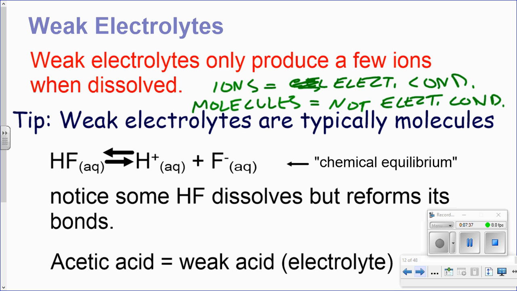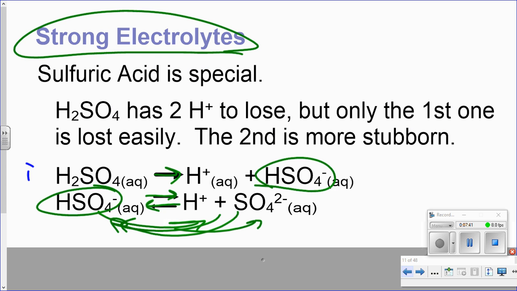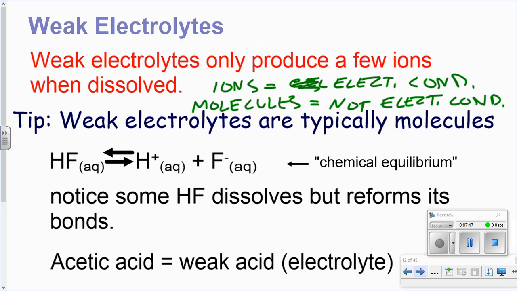Okay? So if I can produce nothing but ions in my strong electrolytic category, then I have a very strong conductor. If I produce some ions and some molecules, now I'm going to have something that's somewhere in the middle. So it conducts electricity, but not so well. It's got some conduction in there from the ions, but it's also got some insulation from the molecules.